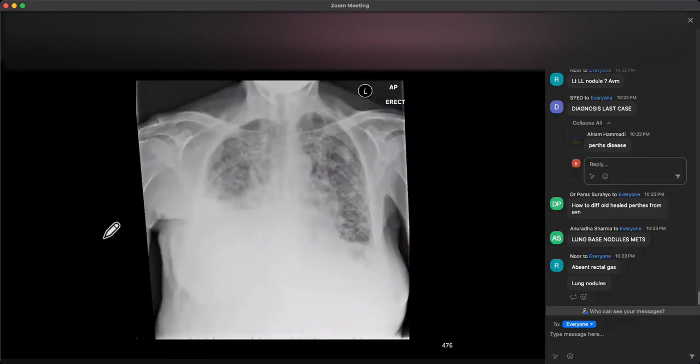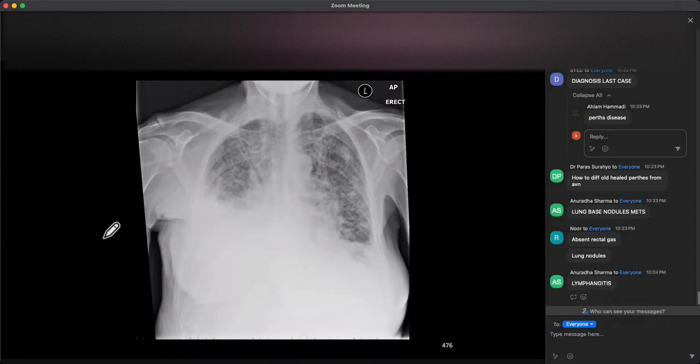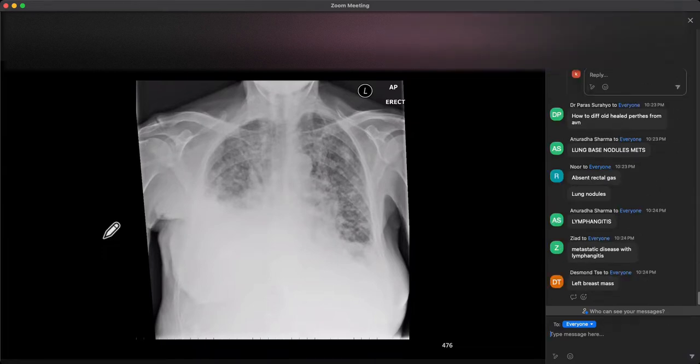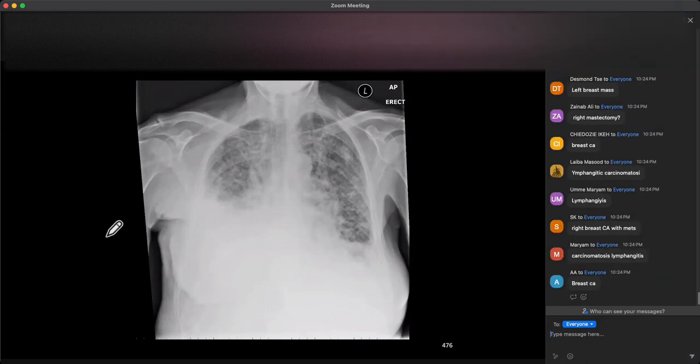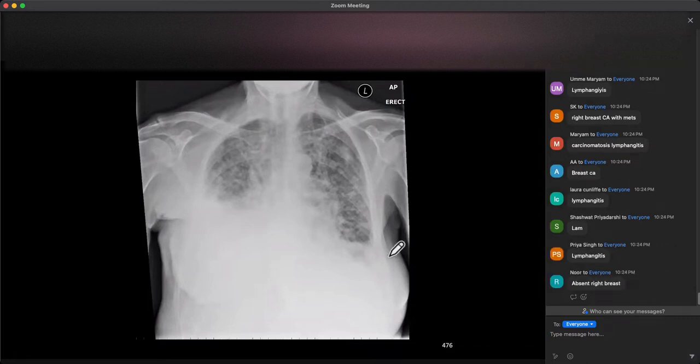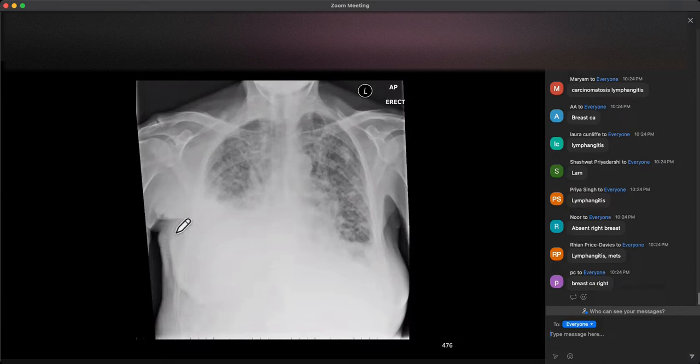Okay, weight loss. What's going on here? Not TB. Yeah, we've got lymphangitis, multiple metastases. There's the normal breast shadow on the left-hand side, and the breast shadow on the right-hand side is deformed.